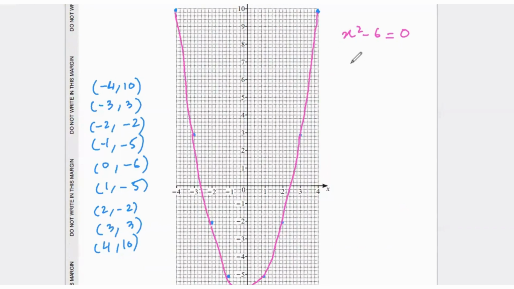Which means you have to draw a line at y equals 0. y equals 0 is this line over here, the x-axis. So on the x-axis, we have this point and this point. So that's negative 2.8 and these are the two values I'm getting for x. x equals negative 2.8 and 2.4.